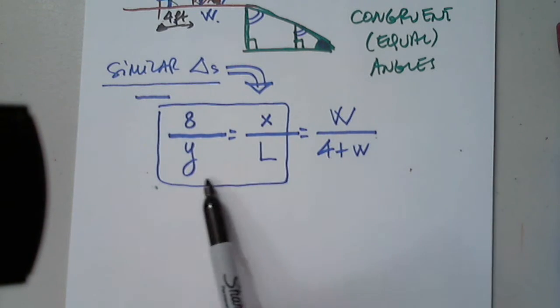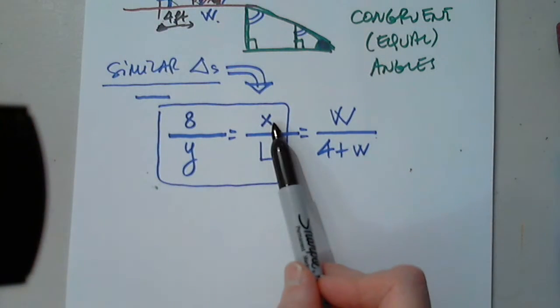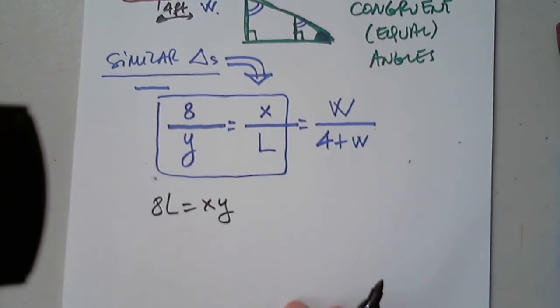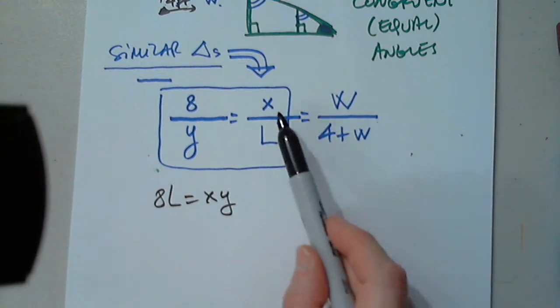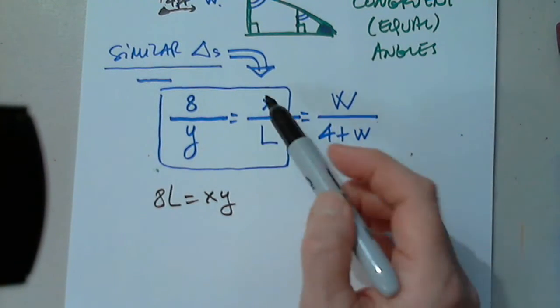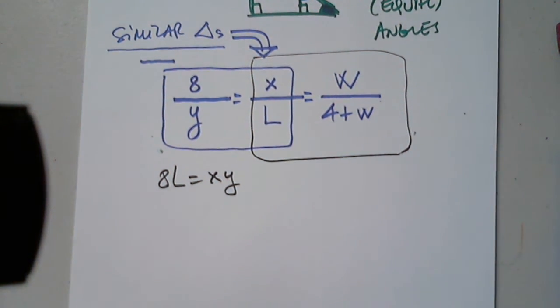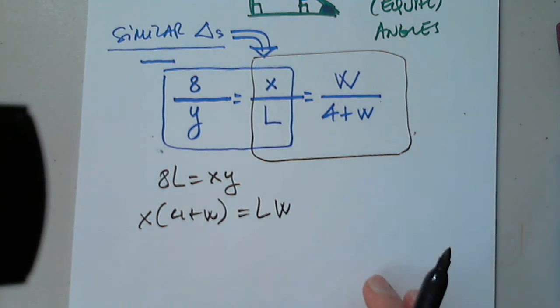If I solve this proportion for L, I have 8L equals XY. If I solve this proportion, or doesn't matter, just cross multiply, see what I get. I get X times (4 plus W) equals LW.